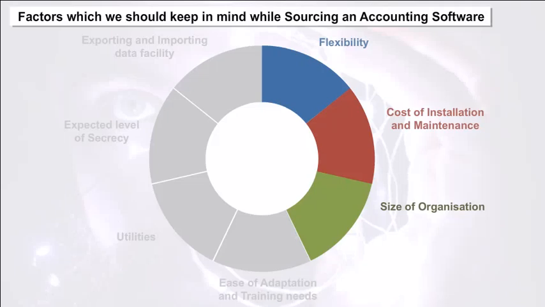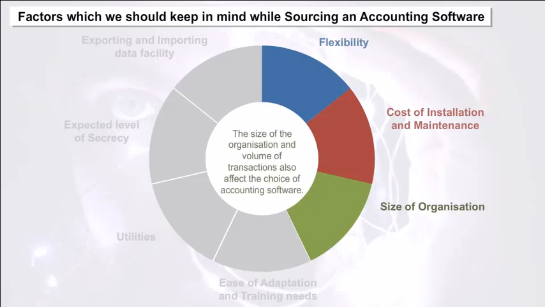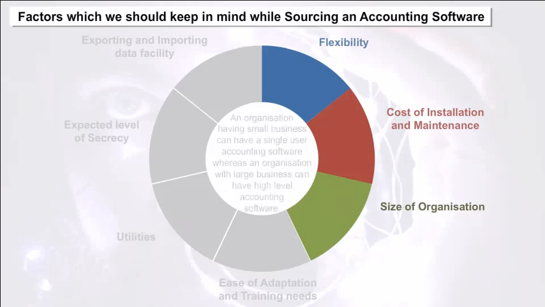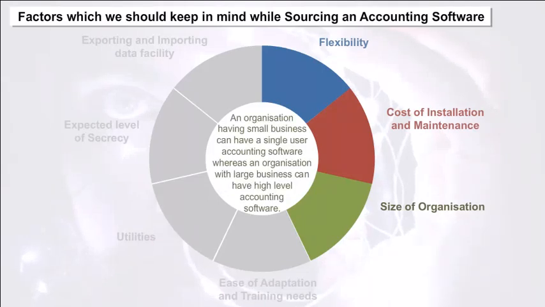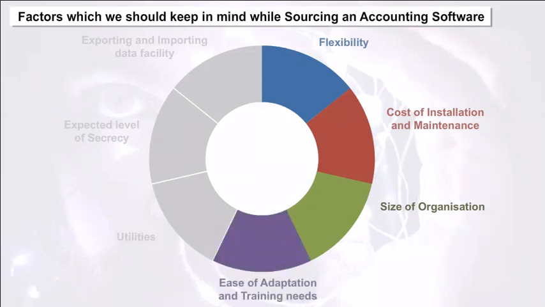Size of organization. The size of the organization and volume of transactions also affect the choice of accounting software. An organization having a small business can have a single user accounting software, whereas an organization with a large business can have high-level accounting software.